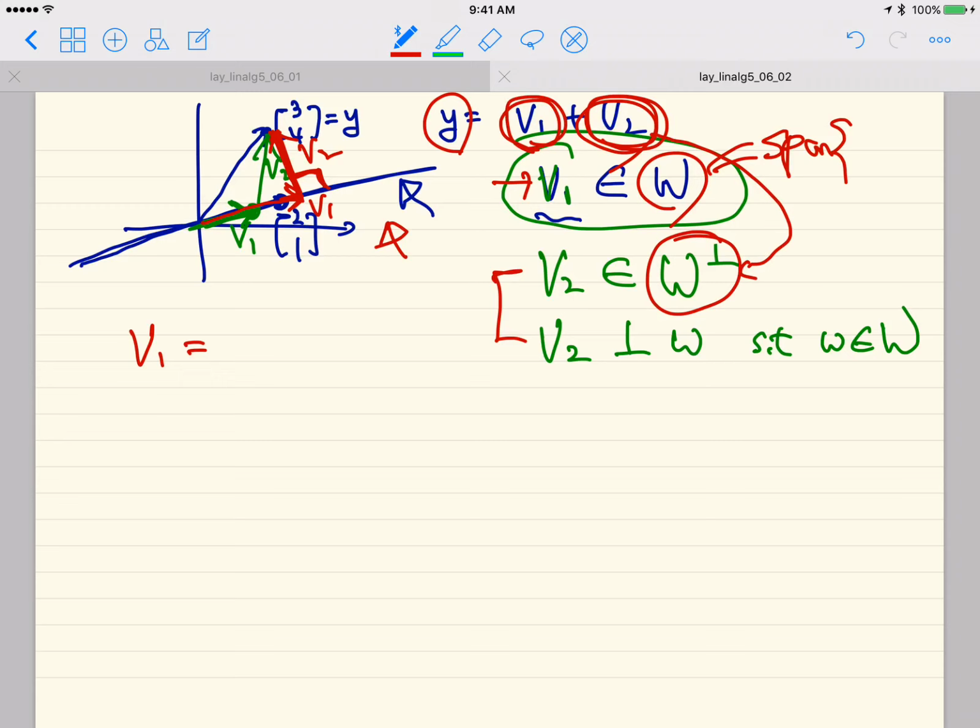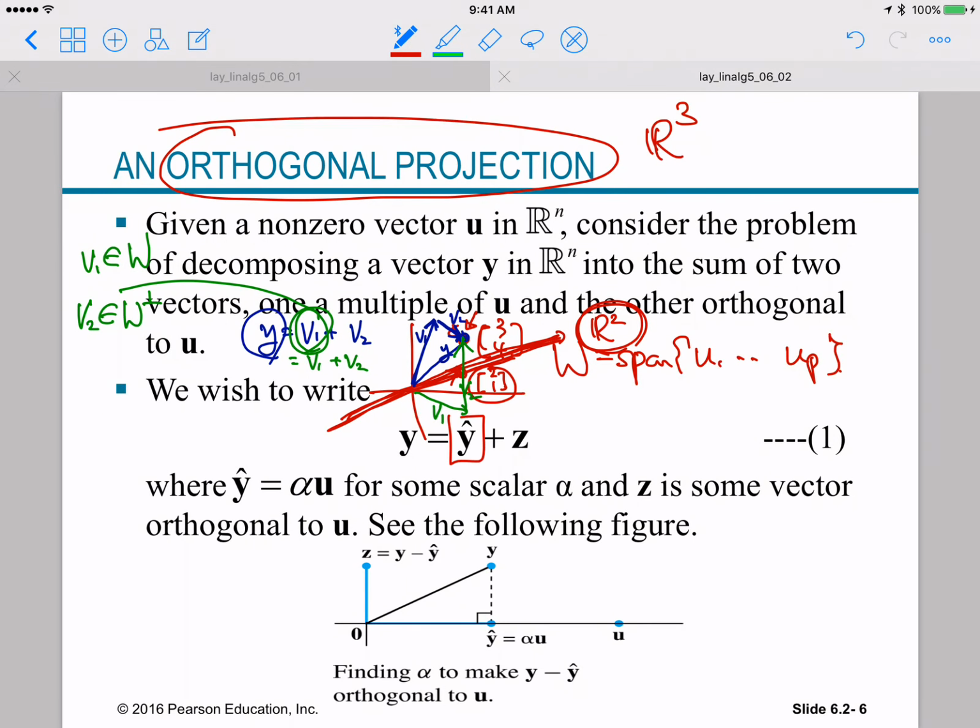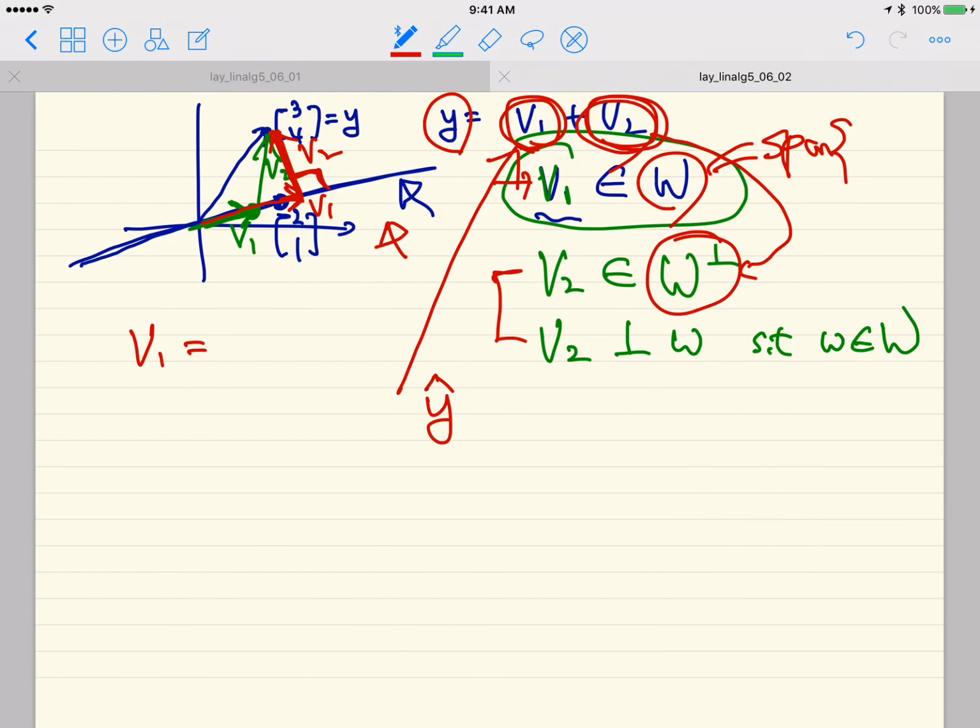So the book uses the notation y hat for v1, something like this, and another remaining part as z. So this one is v1 and this one is v2. Then this one will become y.